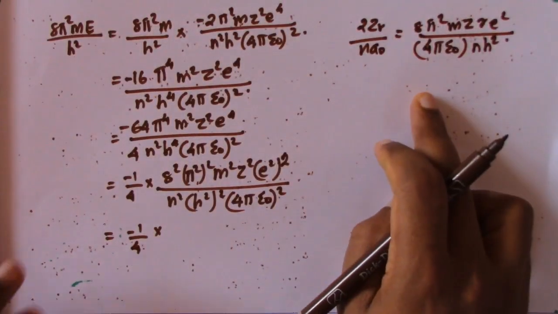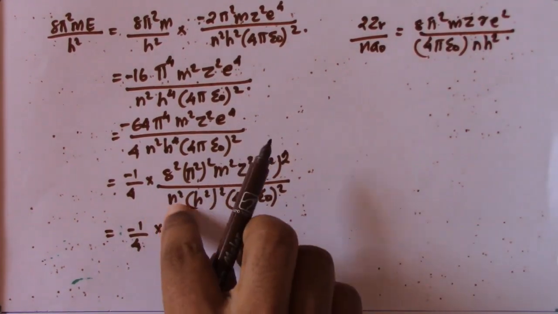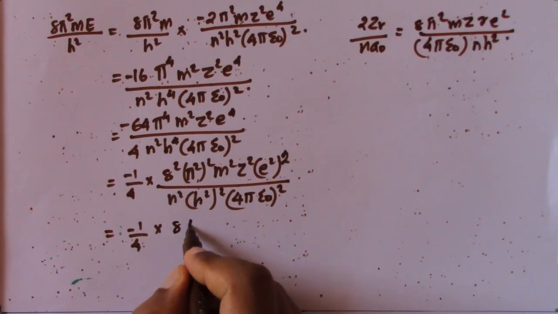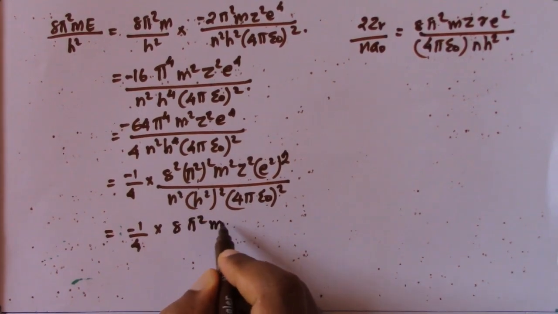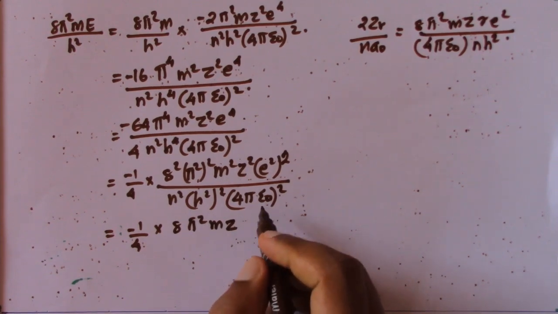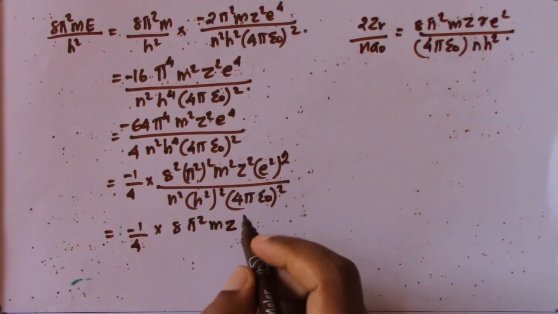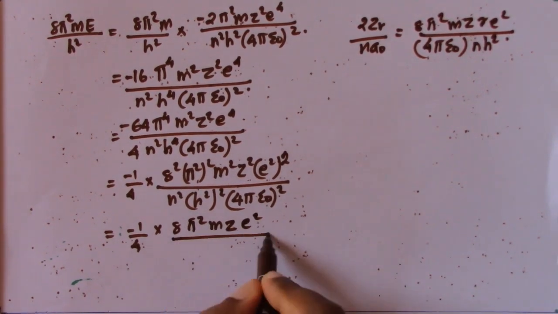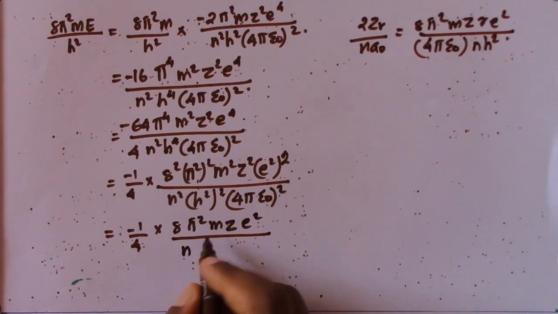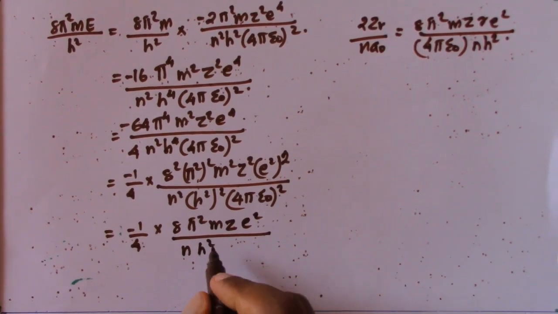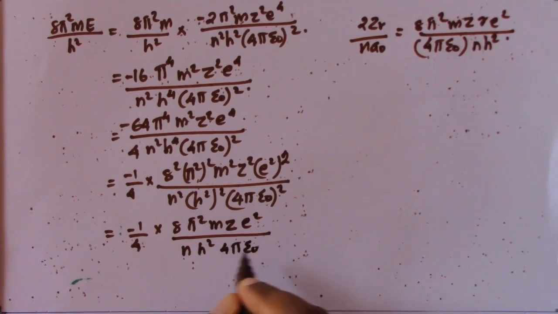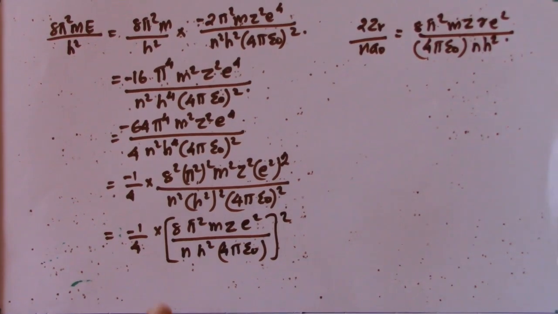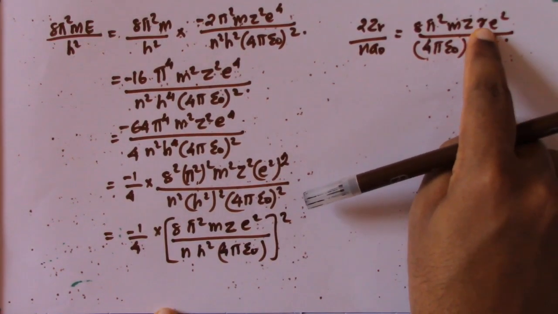So you can see that this is 8 pi square m z e square divided by n h square 4 pi epsilon 0 the whole square. What is that? It is appearing here except r.